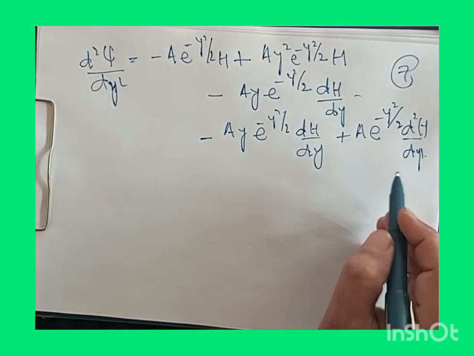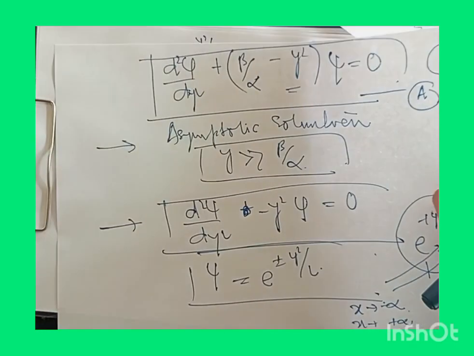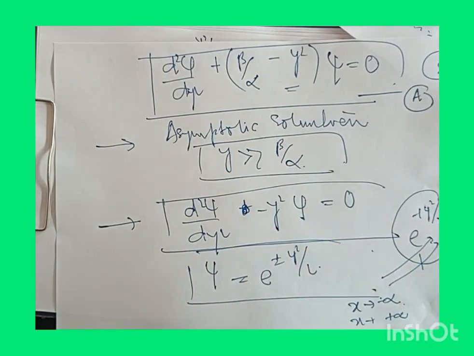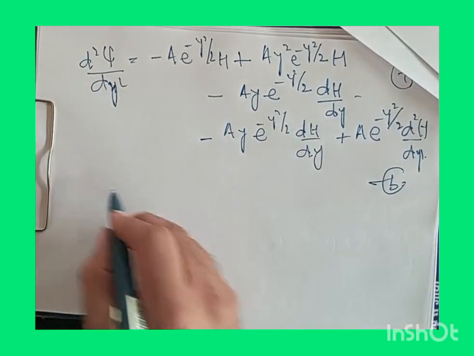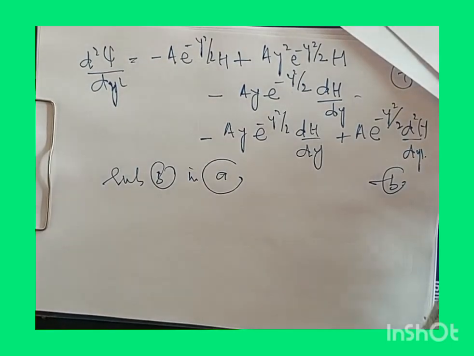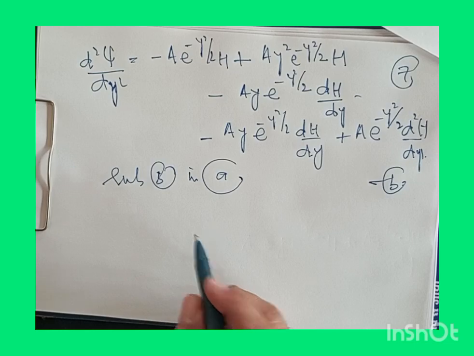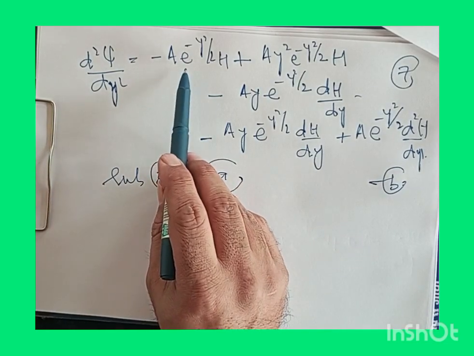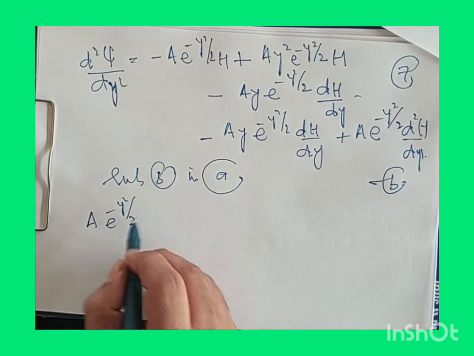Now, this whole thing, what we have to do is substitute this in our original equation that we have in terms of y. So this is a, and I would like to substitute this b. So substituting b in a. One thing is clear, that I have e to the power of minus y squared by 2 common to everything.